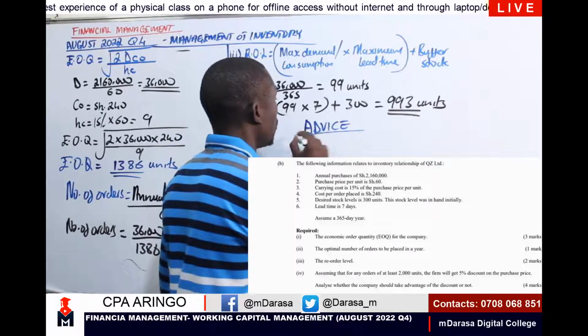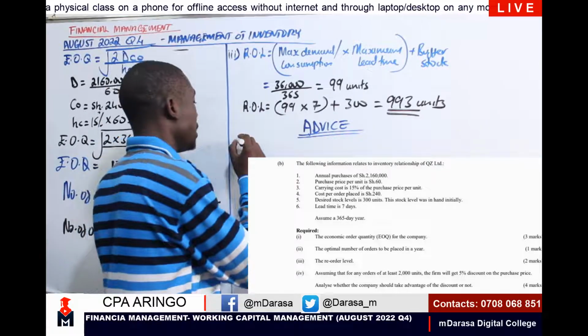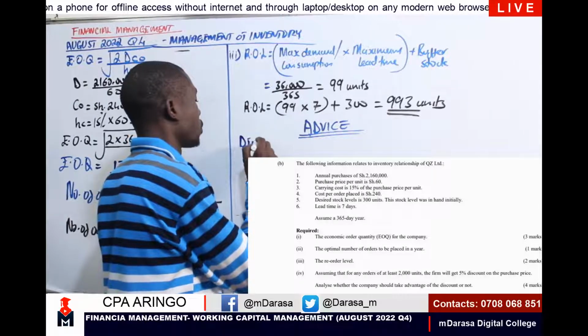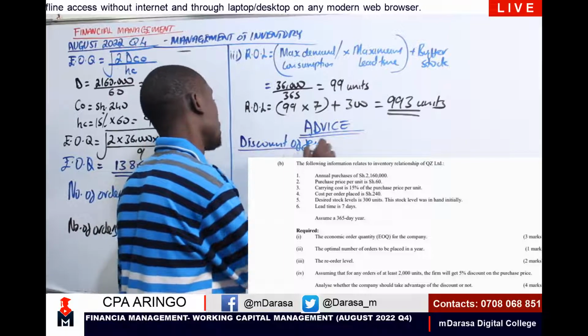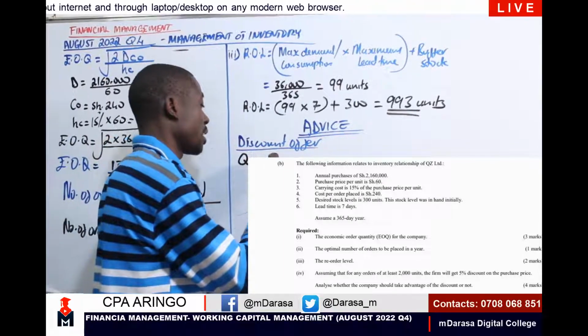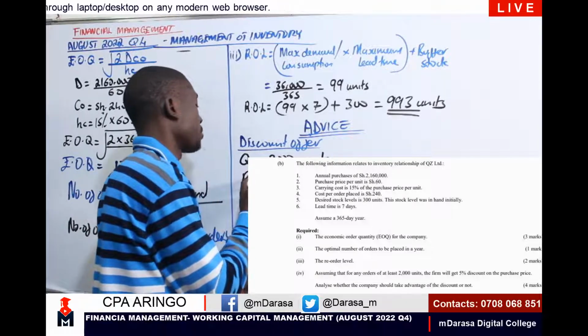Advice. Check out this discount offer of ours. My good students, I was given our quantity to be how many units? I must order 2,000 units. And if I order 2,000 units, my purchase price will change.